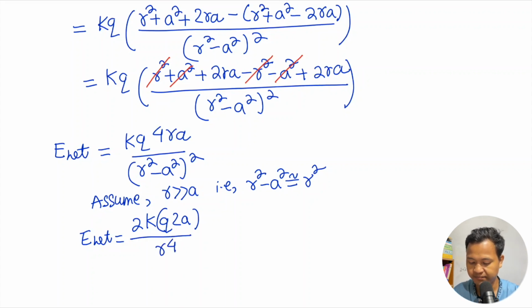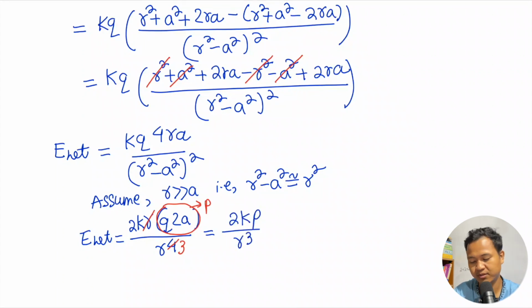One R gets cancelled out, and Q into 2A is the dipole moment P. Therefore this is 2kP divided by R cube.